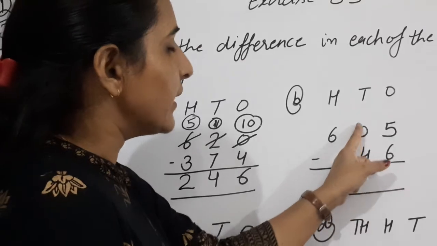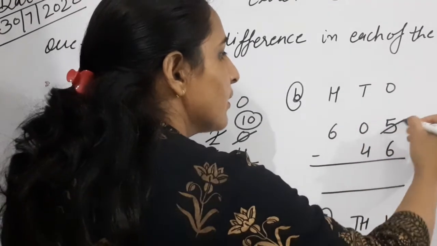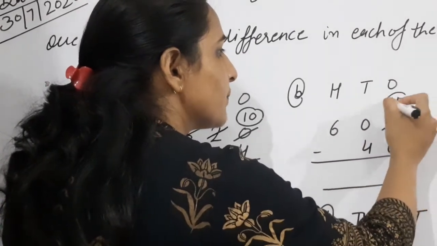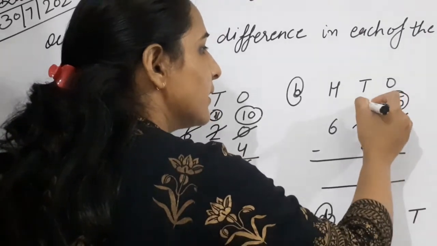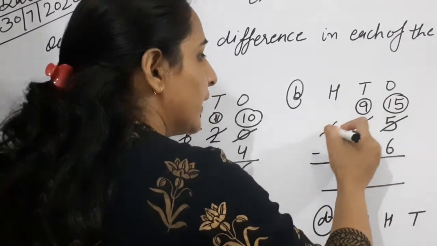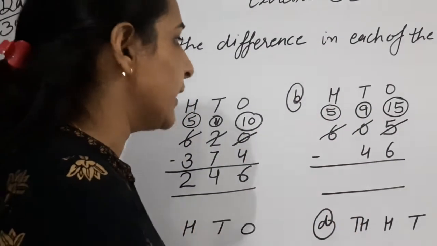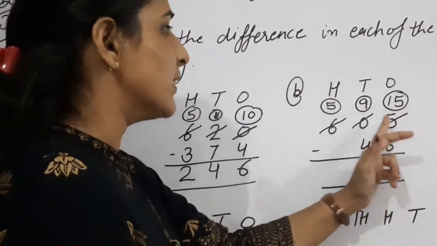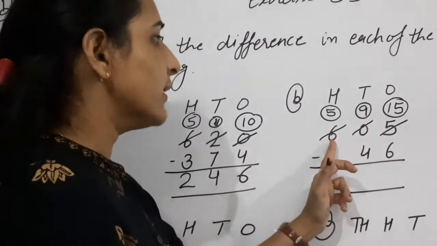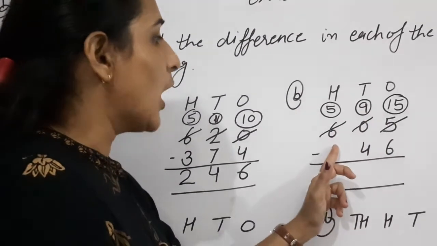When we take carry there, now there is 15 ones and here is 9 tens and here is 500. Clear? I am repeating again. Here is 5 ones, 0 tens and 600.